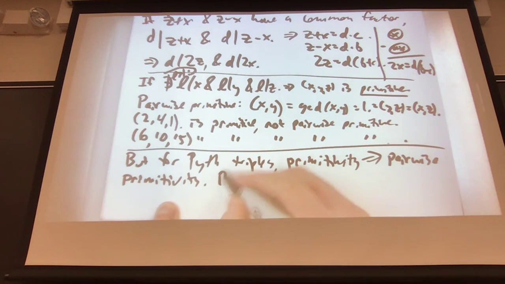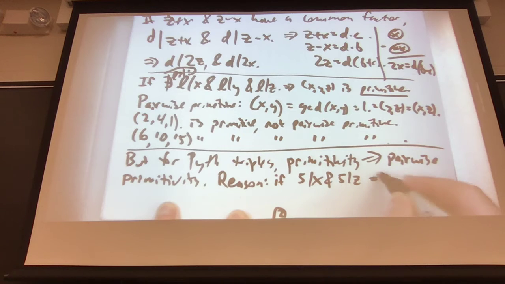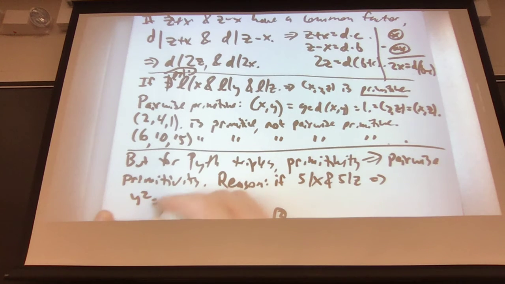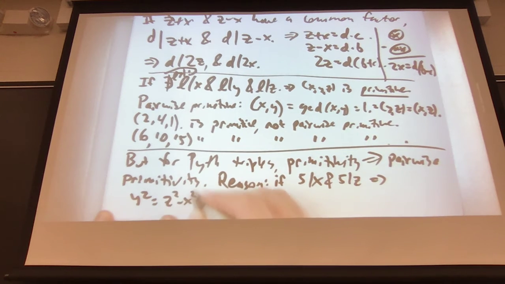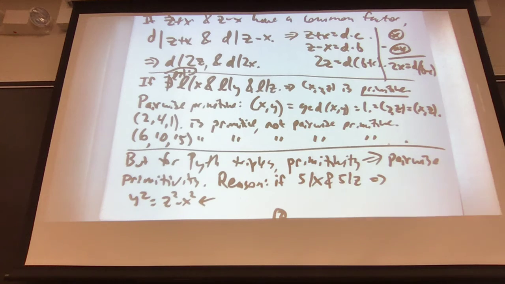So the reason for this is, let's say 5 divides x and 5 divides z, then y squared is equal to z squared minus x squared. But z squared minus x squared will be a multiple of, say it again? 25.